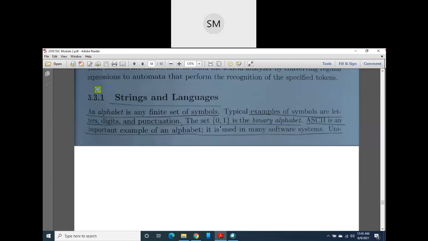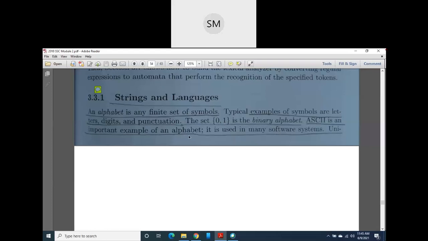One example: if you write a set in open and closed braces, and in between write some elements like 0 comma 1, it is called a binary alphabet, since it contains only the binary digits 0 and 1. ASCII characters are also an important example of an alphabet.